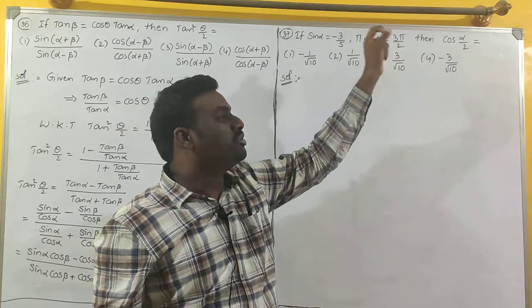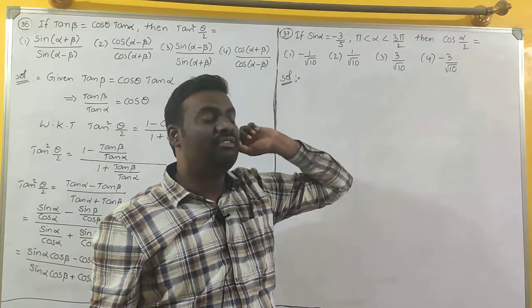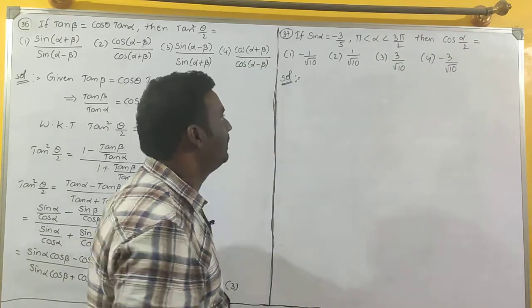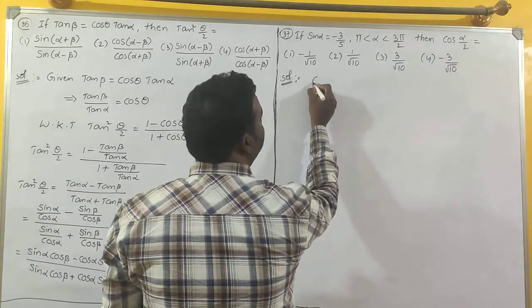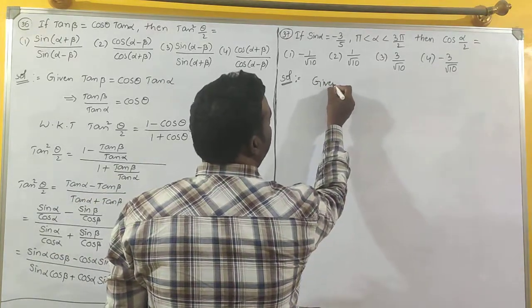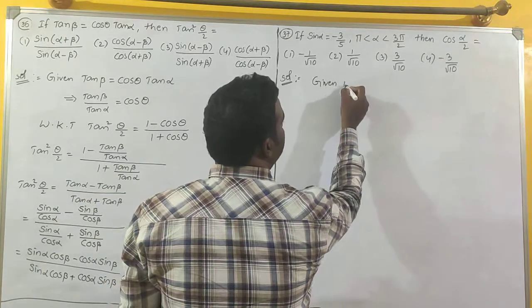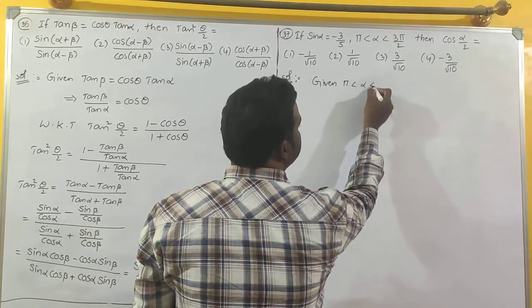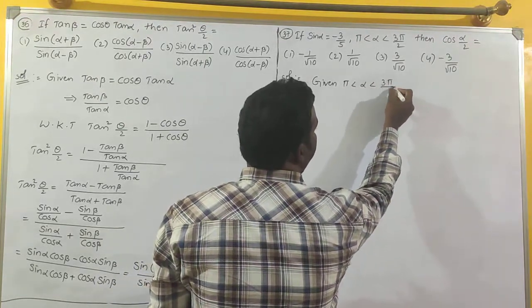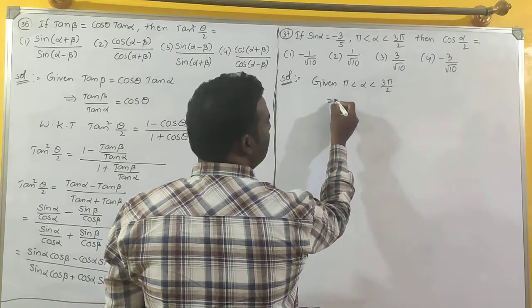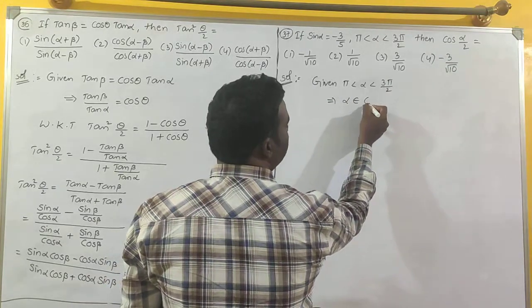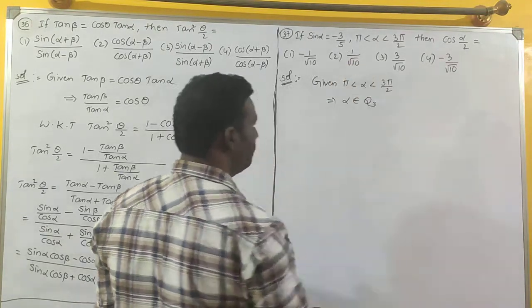Between 180 to 270, that is nothing but which quadrant? Third quadrant. Given pi less than alpha less than 3 pi by 2, alpha belongs to the third quadrant.